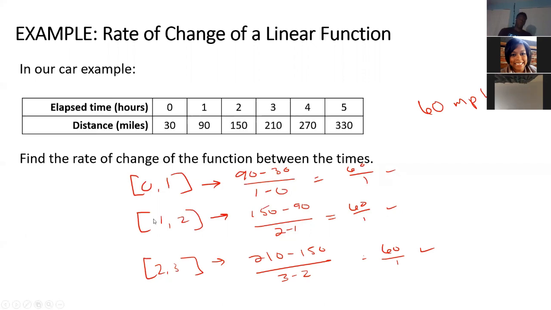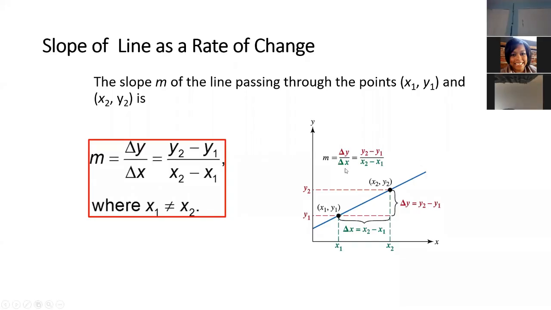Sounds familiar? Slope of lines as a rate of change. So actually, what we were doing, we were looking for the constant rate of change. We were actually calculating the slope of the line. And if you remember your slope, m between 2 points, it's your change in y over your change in x.